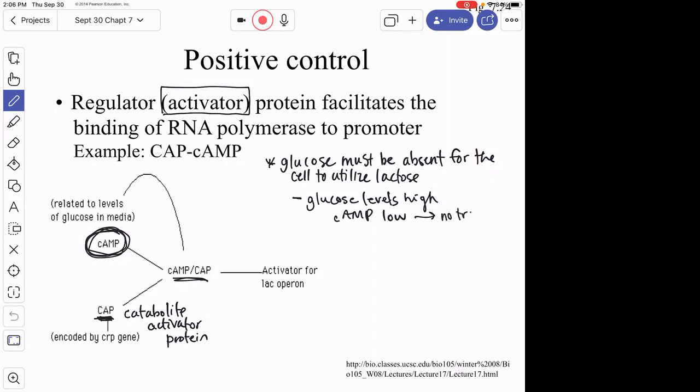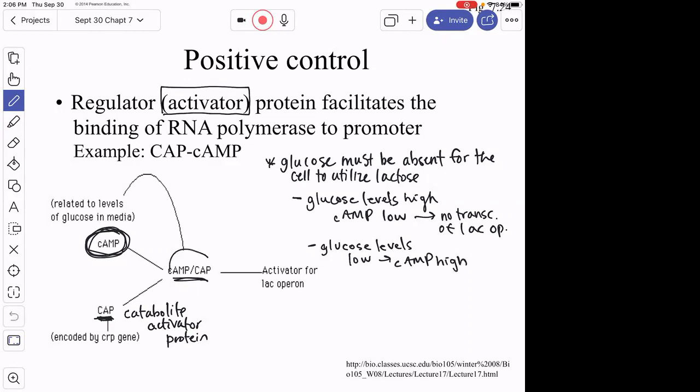So no transcription of the Lac Operon. If there's lots of glucose, the cell doesn't want to bother to use lactose. However, if glucose levels are low, then cyclic AMP levels are high.